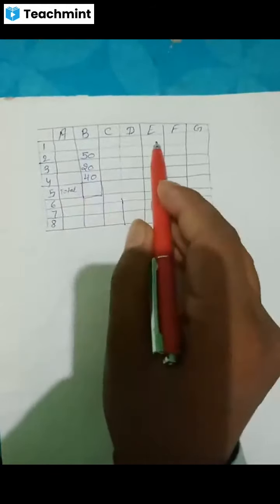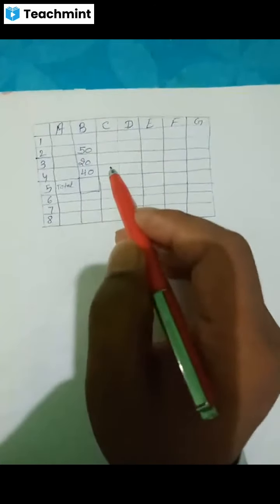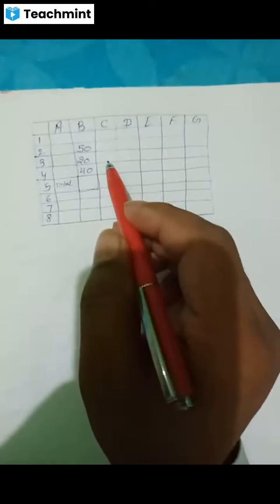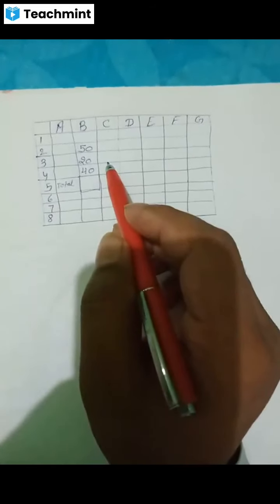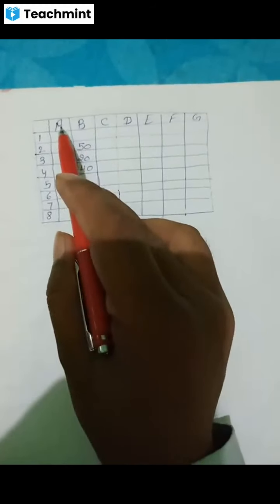all of you know now, all these parts are cells. The intersection of rows and column is called a cell. So dear students, what is the name of this cell? A1. Okay. What is the name of this cell?